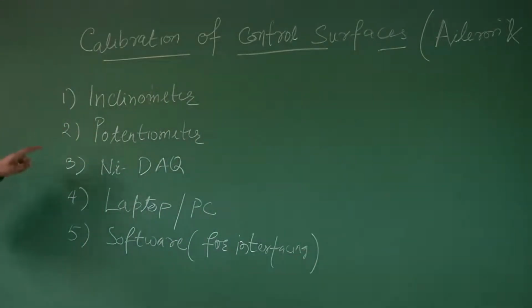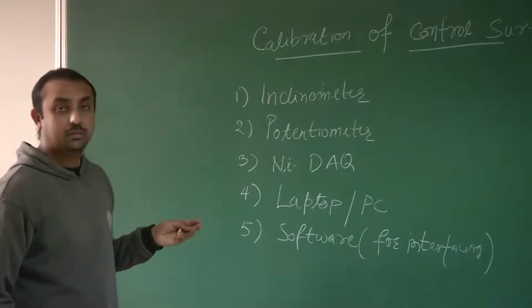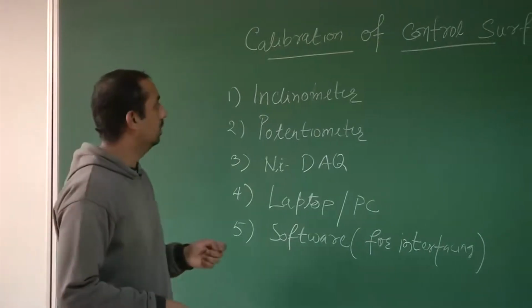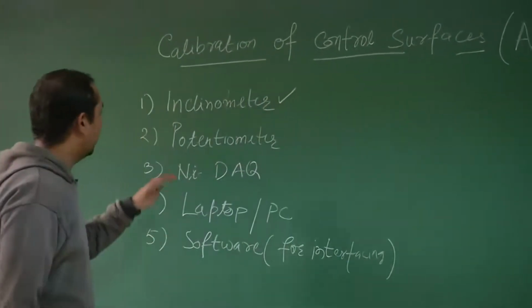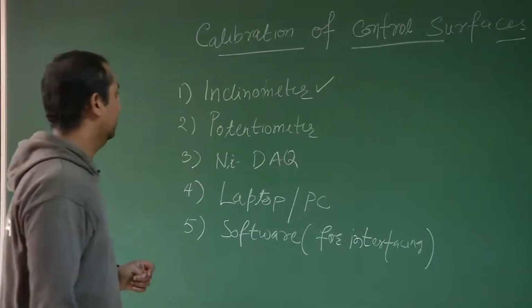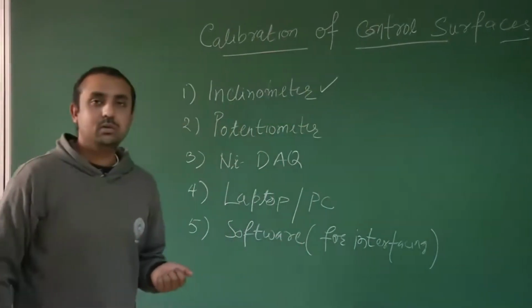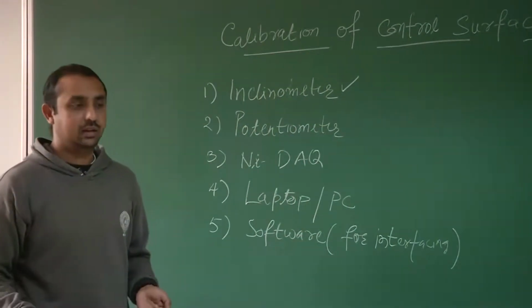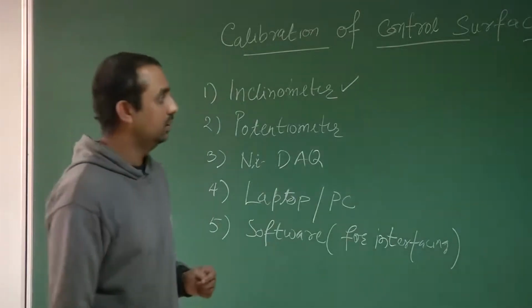Now I will be explaining each part, what does each part measure or what does each part contribute to our experiment. Now first we'll be going with inclinometer. As the name suggests, it has something to do with inclination. The inclinometer will give you what will be the angle, tilt, elevation or depression of a particular surface with respect to gravity.